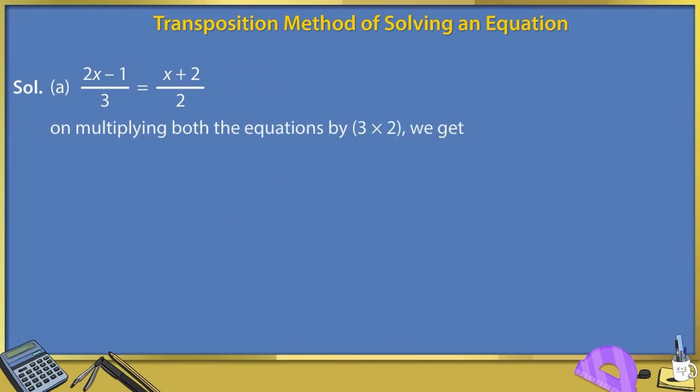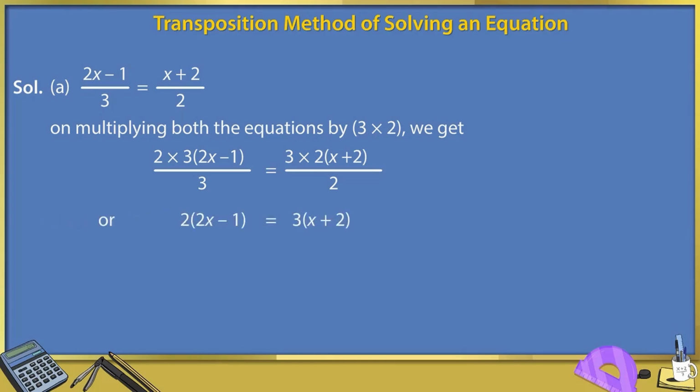On multiplying both the sides by 3 into 2, we get 2 into 3 multiplied by, in the brackets, 2x minus 1 by 3 is equal to 3 into 2 multiplied by, in the brackets, x plus 2 by 2, or 2 multiplied by, in the brackets, 2x minus 1 is equal to 3 multiplied by, in the brackets, x plus 2, or 4x minus 2 is equal to 3x plus 6, or 4x minus 3x is equal to 6 plus 2, or x is equal to 8.